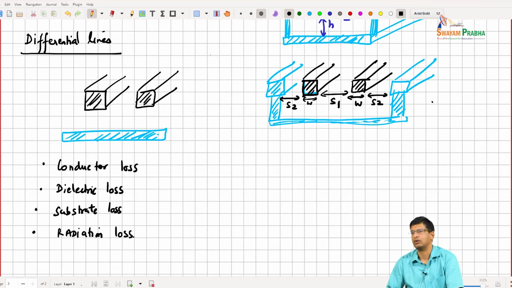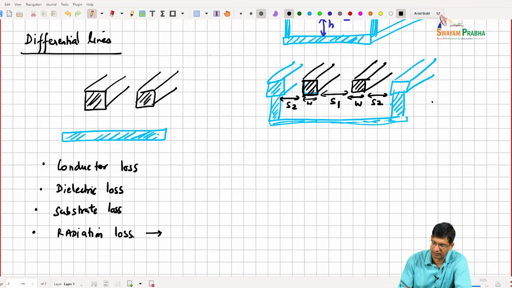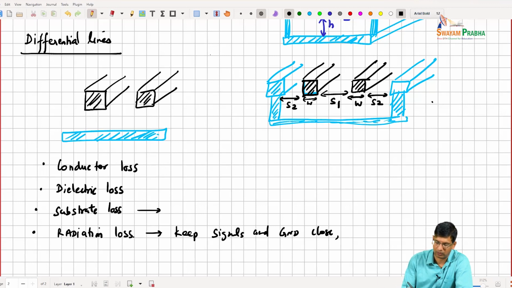So you can reduce this, for example, by making sure that the ground plane and the signal are very close together, by not increasing the spacing too much. So you keep signals and grounds close, which means that S should be somewhat small relative to your wavelength, the frequency at which you're operating.